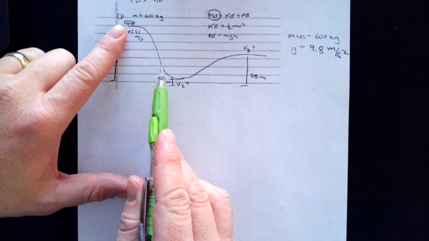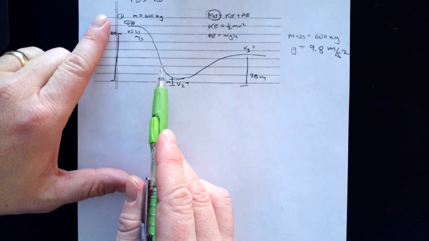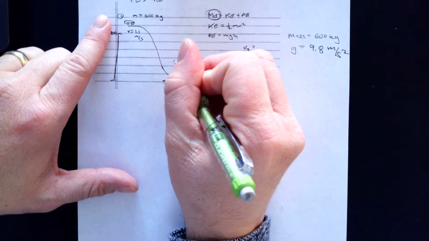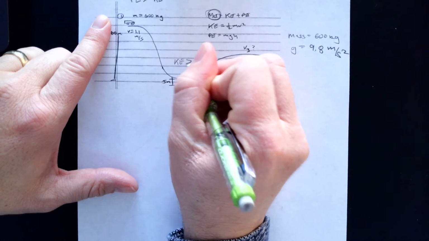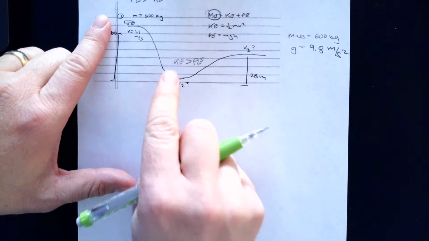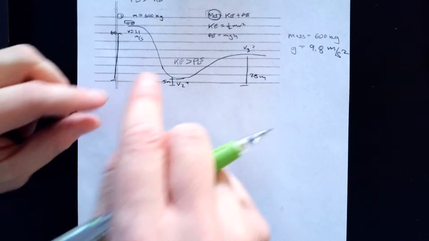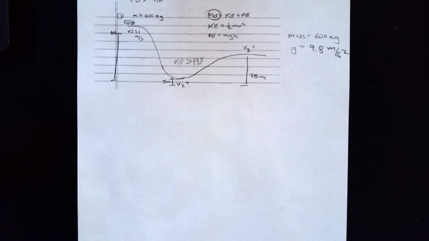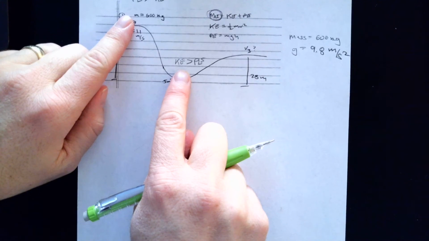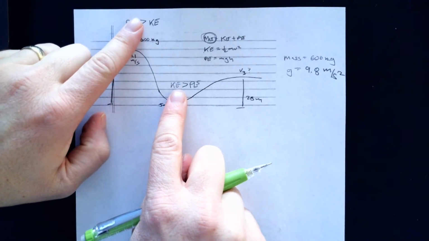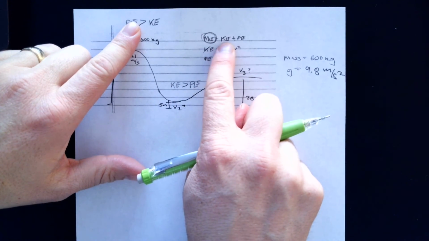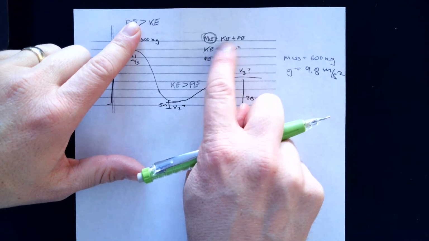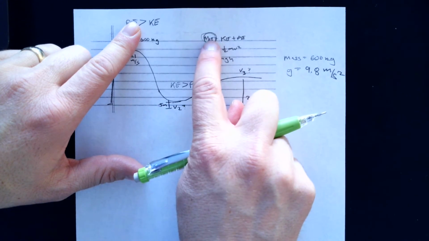Now, as I move down here, what happens quickly? All that potential energy gets transferred to kinetic energy. Even though my kinetic energy here is greater than my potential energy here, the sum of them equals the same as up here. The kinetic energy plus the potential energy always add up to the same number.